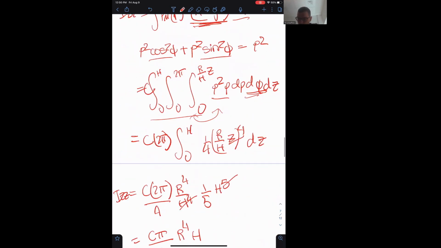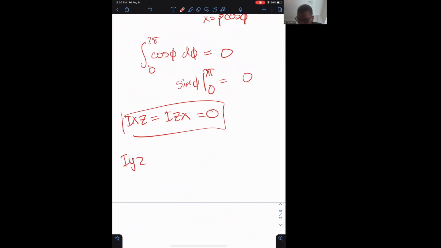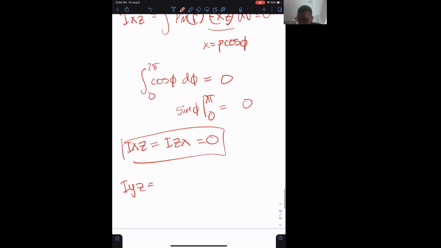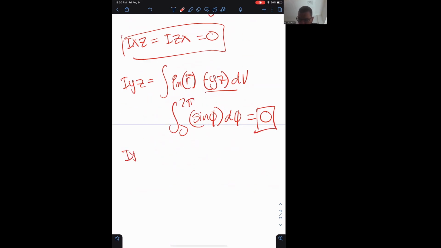So in similar fashion, Iyz is equal to minus yz. And again, the only phi dependence is this integral, which is again equal to 0. So that's all the components now.